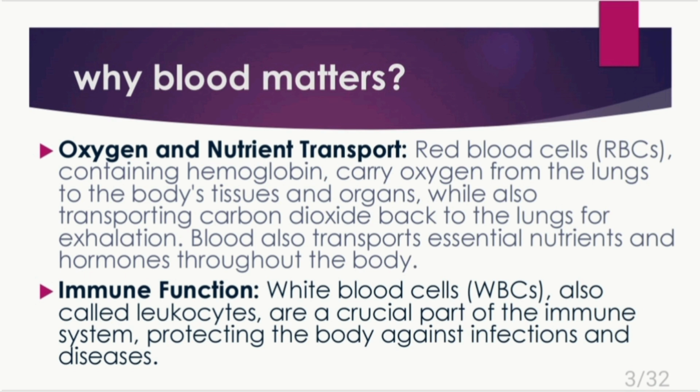As we all know, we have RBCs in our blood, and their function is to carry hemoglobin and oxygen from the lungs to the various cells of the body, and to transport carbon dioxide from the various body tissues to the lungs for exhalation. Okay, then blood also transports some essential nutrients and hormones to the various cells of the body.